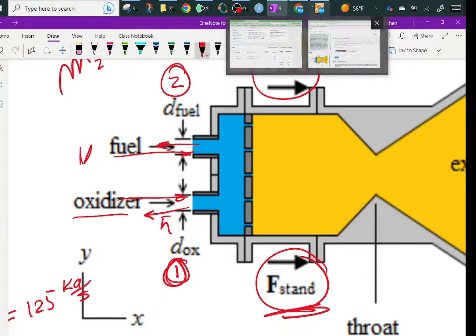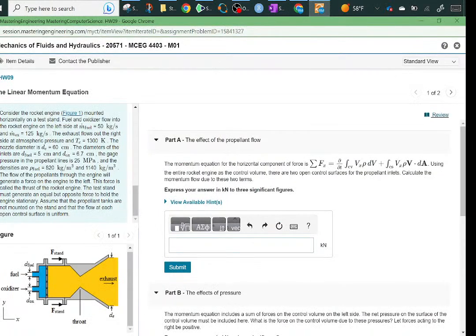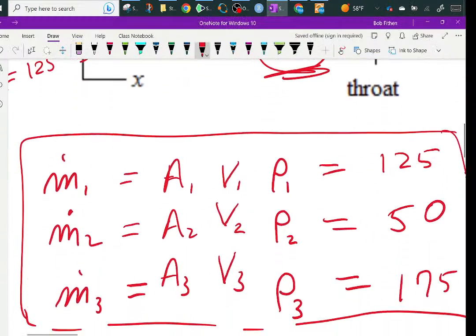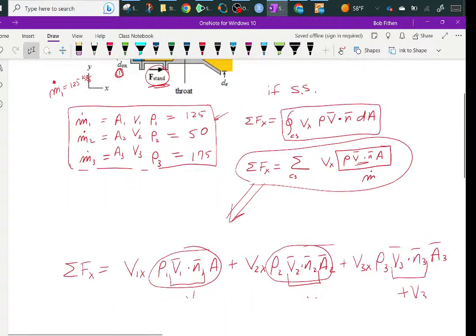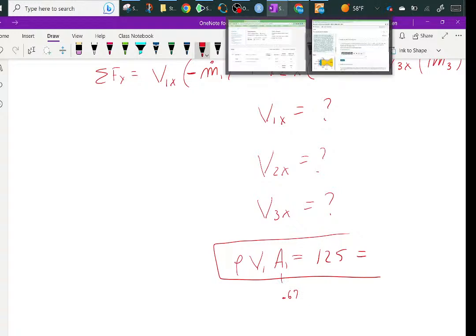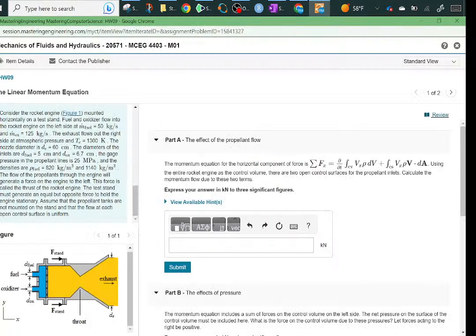I do not remember his diameter. 6.7 centimeters.